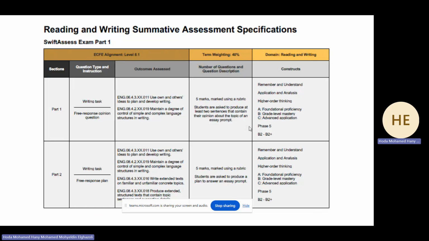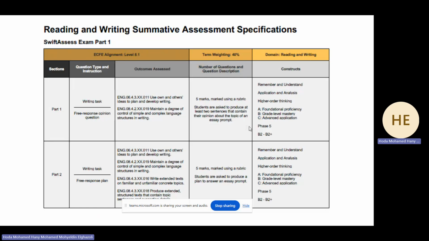Now here, a more detailed breakdown of the exam. As we said, for the writing task, first you will have a free response opinion question. For this question, there's no right or wrong answer, as long as you give a comprehensive, full answer, your answer should be counted as correct.